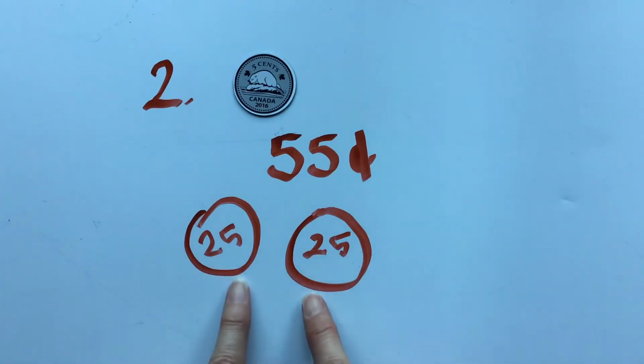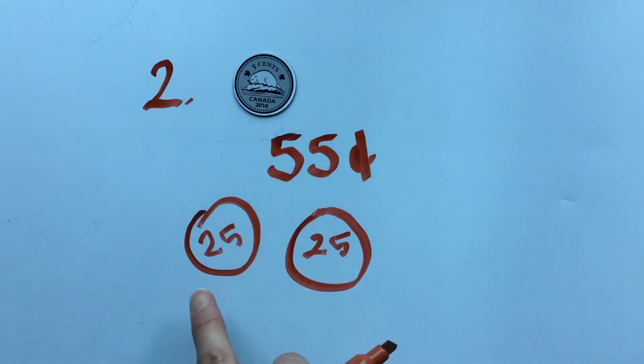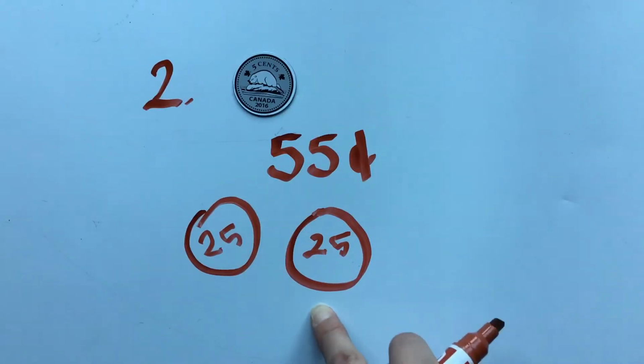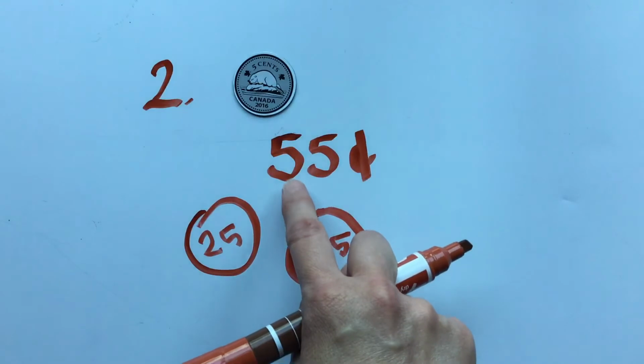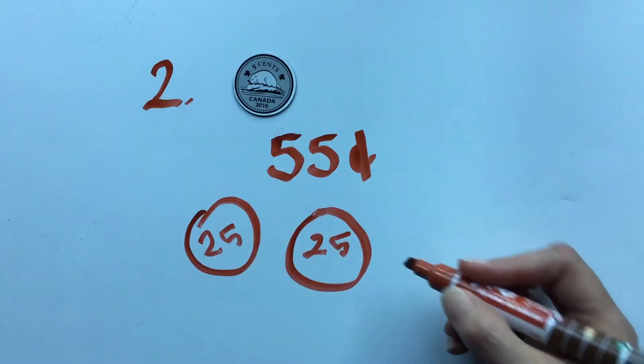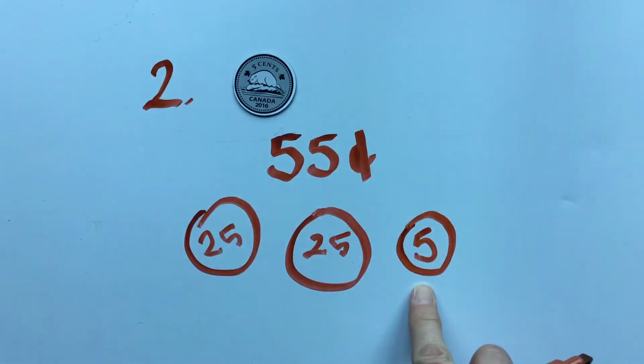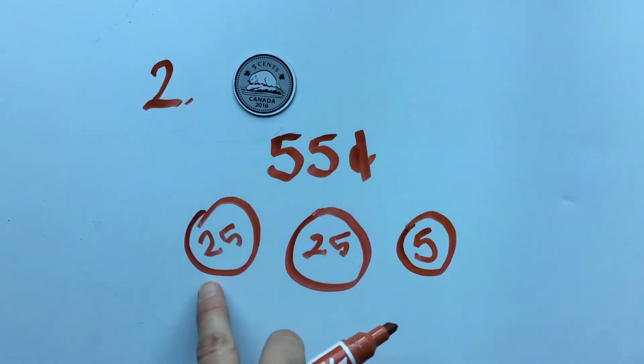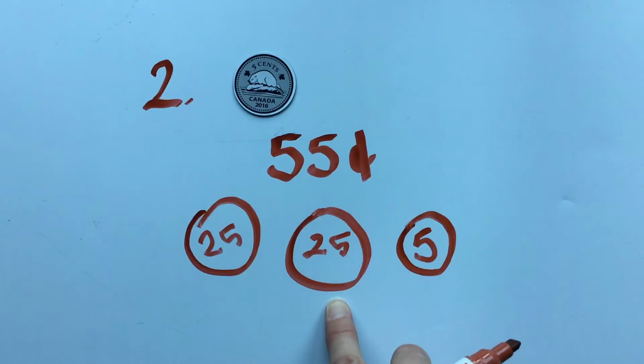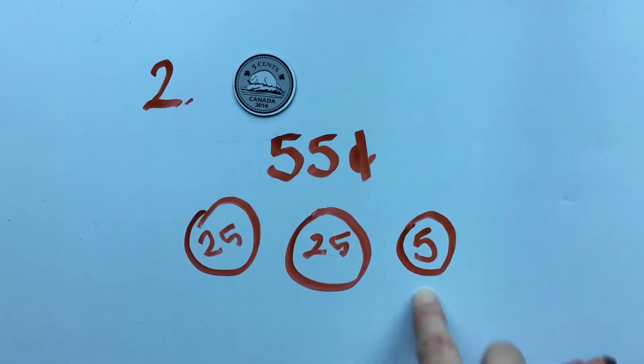First step, count up the total value of the coins you already have. 25, 50. Oh, I have 50 cents. How many nickels do I need to add to make 55 cents? Did you think 5 cents? Because if you did, you were right. Let's count on. 25, 50, 55 cents.